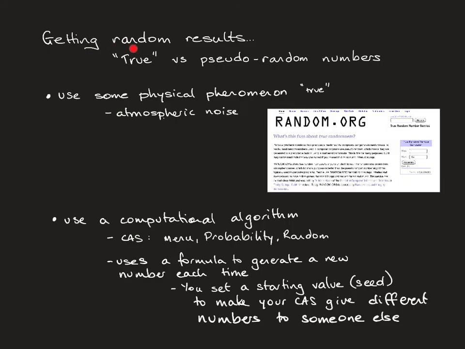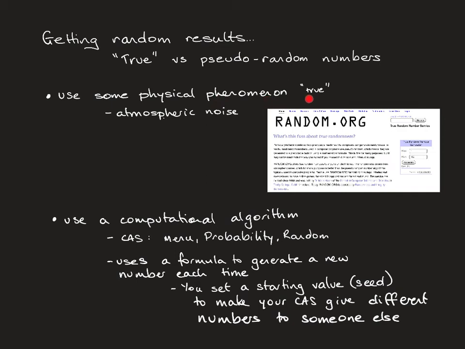Actually selecting a random sample is something that is extremely difficult. We have what we call true random events as well as pseudo random events or pseudo random numbers. You can get some true randomness if you use some physical phenomenon.